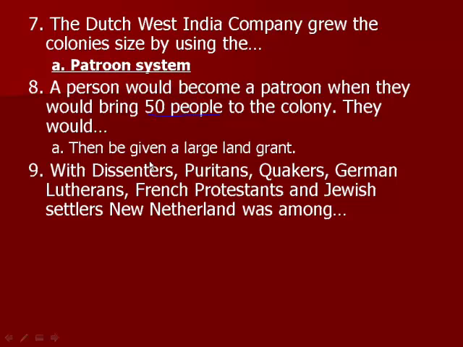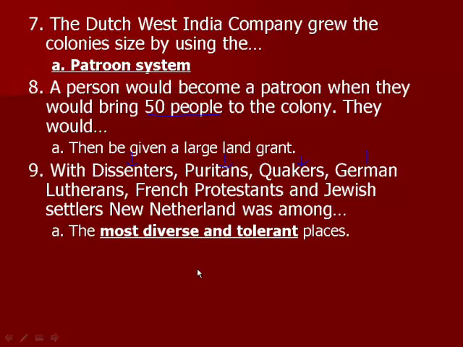Because of this, you have all random types of different people coming into the colony. You're going to have religious dissenters, you're going to have Puritans, Quakers, German Lutherans, French Protestants, Jewish settlers. So New Netherland is among the most diverse and tolerant of places. Diverse meaning there's a lot of different types of people, and tolerant meaning people live together even despite their differences.